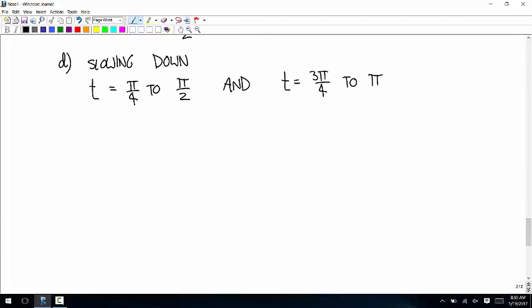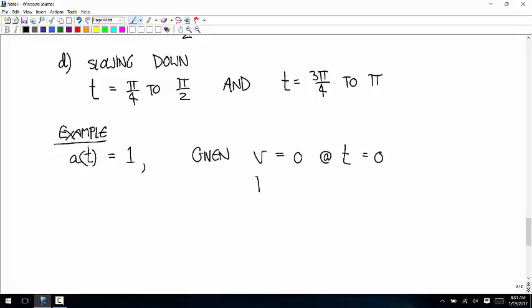Okay, one more. So this time, let's say the acceleration as a function of time is 1. And let's say that you're given a velocity that's equal to 0 at time equals 0, and a position that's equal to 5 at time equals 1.